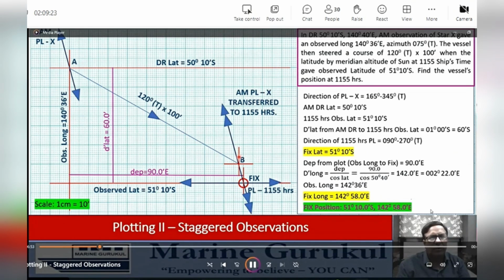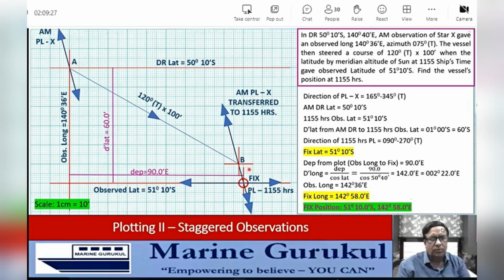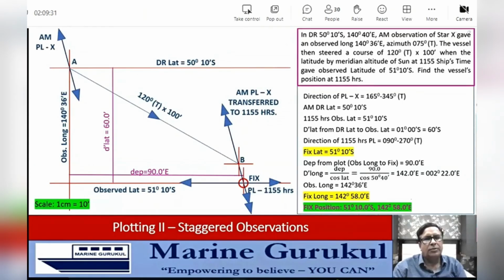So the PLs were staggered, and we just transferred the first PL to get our fix. Okay, so this is what we just solved. Do we see any problem with this working? Technically, none. But practically, yes. What is the issue here? Since the distances involved became larger, we had to compromise on this scale.